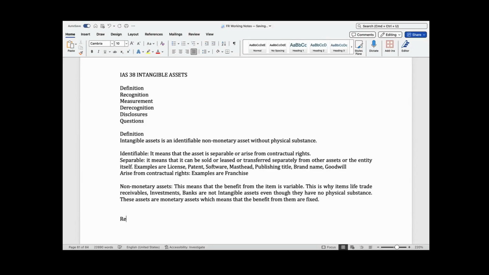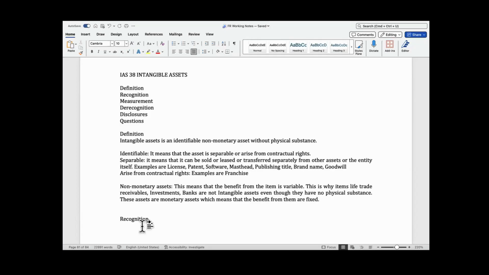So let's go to the second item here. The second item is recognition of intangible assets. So, how should I do this? Let me write it for you.